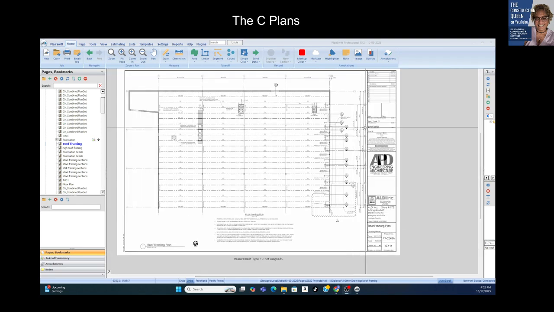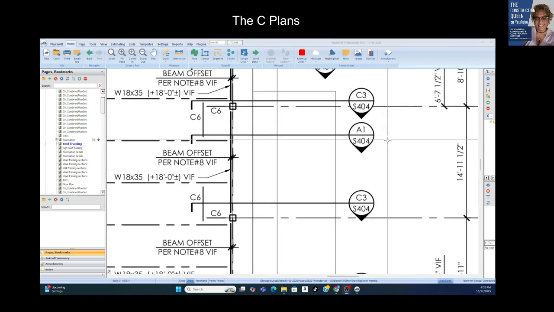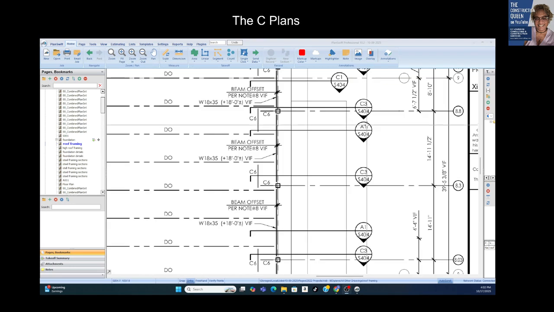Section views still apply, you know. Now let's look at some of these, because these section views don't apply to the foundation. Even though some of them may be the same, typically they're not, but even if they are the same, we're not looking from the perspective of the foundation. We're looking from the perspective of the framing.